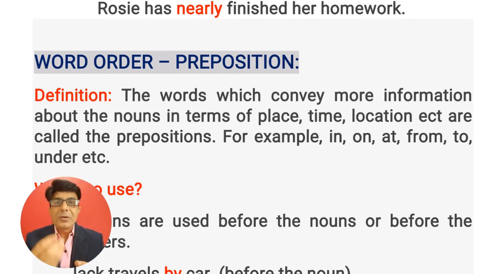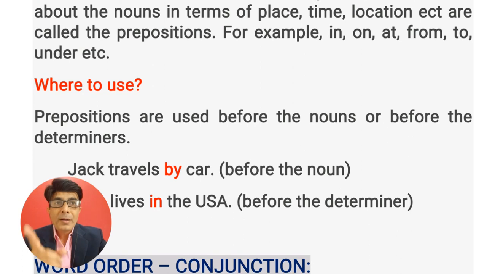When we use the English language, friends, you must have come across words like in, on, at, from, to, across, towards, under, over, beyond, in front of, behind, beside. These are all different prepositions which are used generally before the noun or before the determiners.